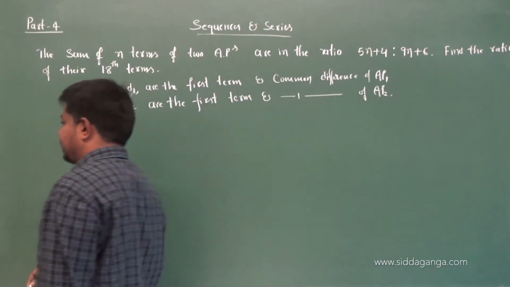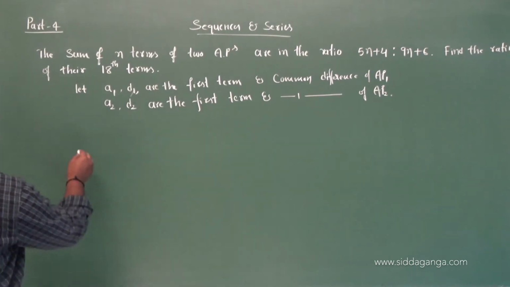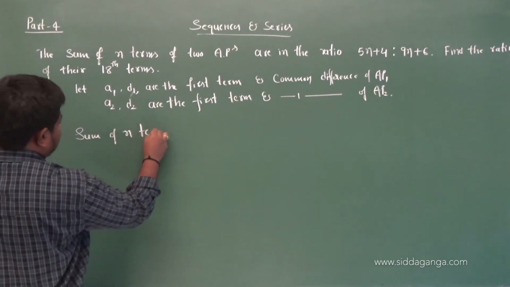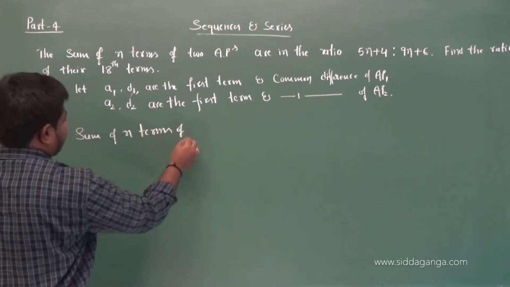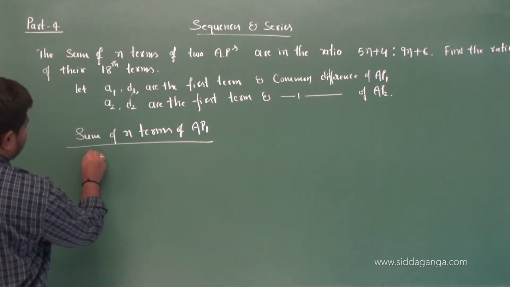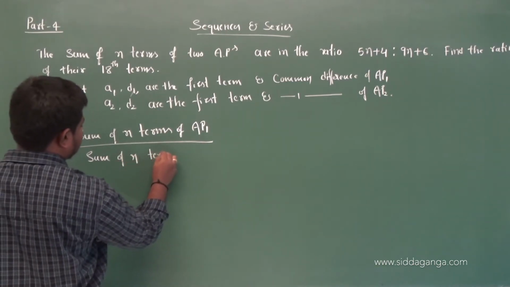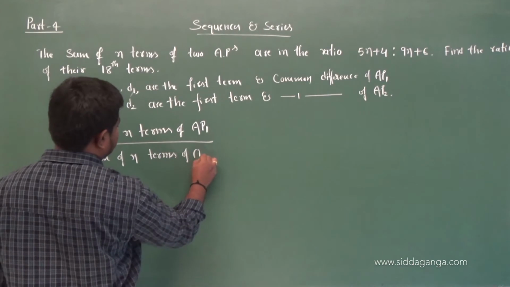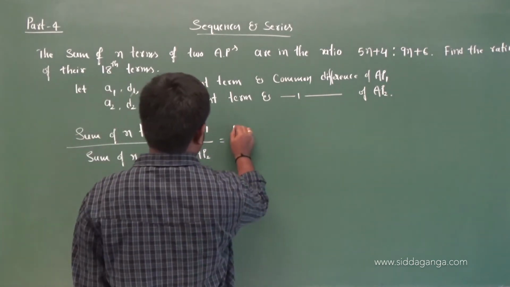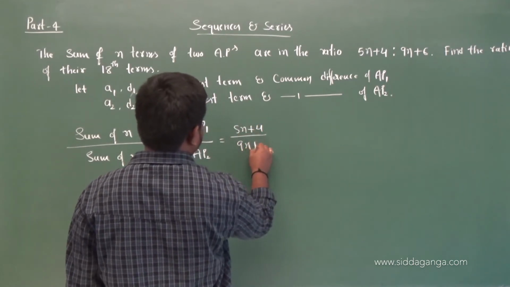Okay. So what is given? Sum of n terms of the two APs. So given that sum of n terms of AP1 divided by sum of n terms of AP2 is equal to 5n plus 4 by 9n plus 6.